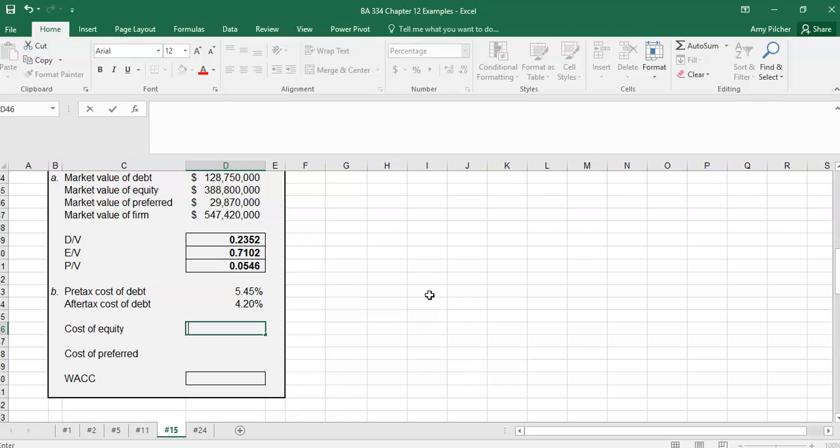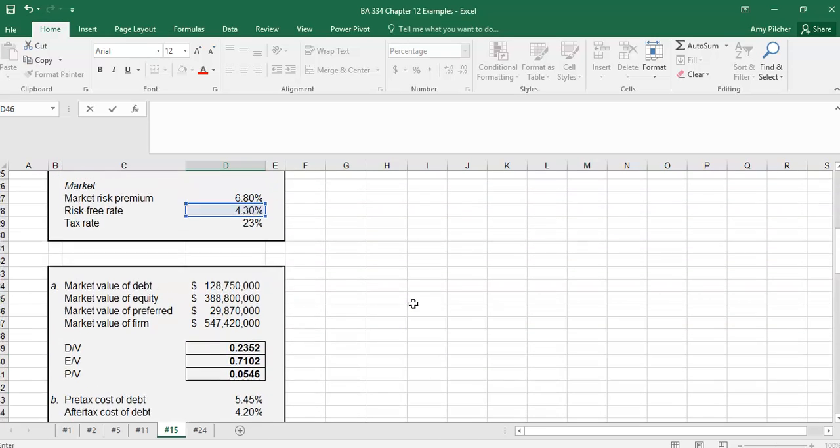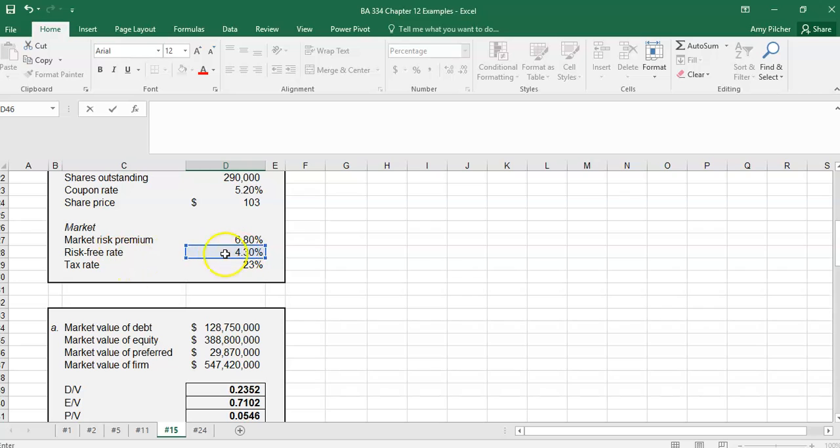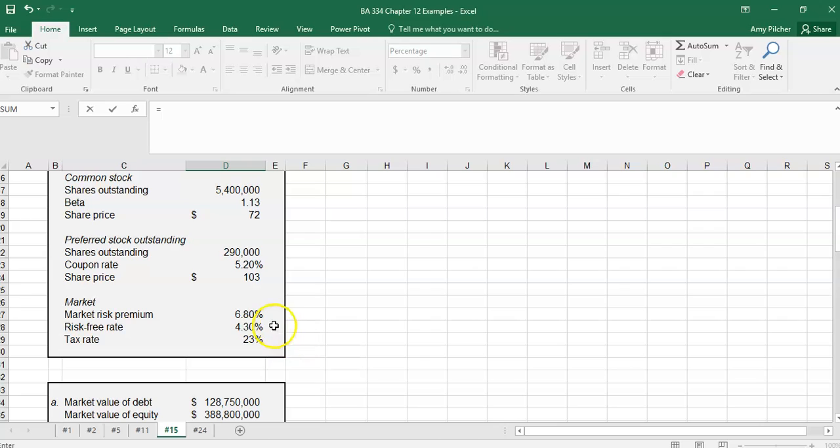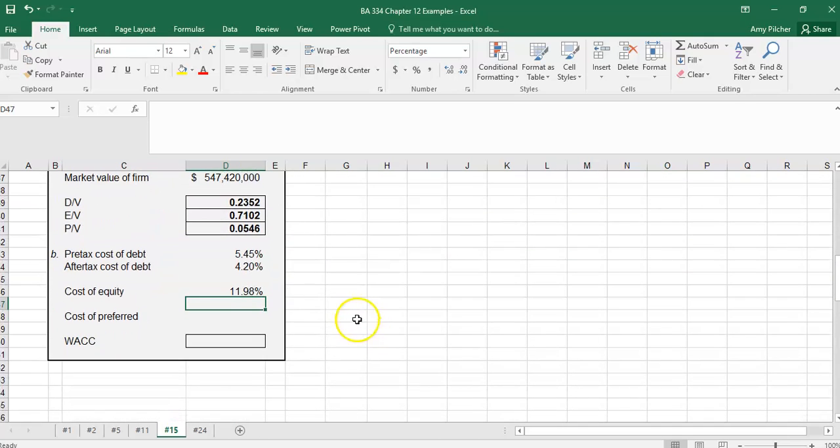That market return minus the risk-free rate is also called market risk premium. So that's the information that we're given here. So our cost of equity is the risk-free rate plus beta times the risk premium, giving us a cost of equity of 11.98%.